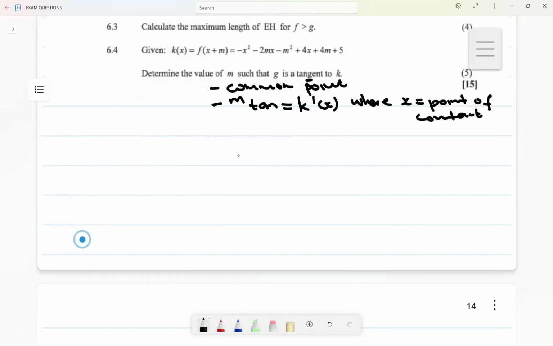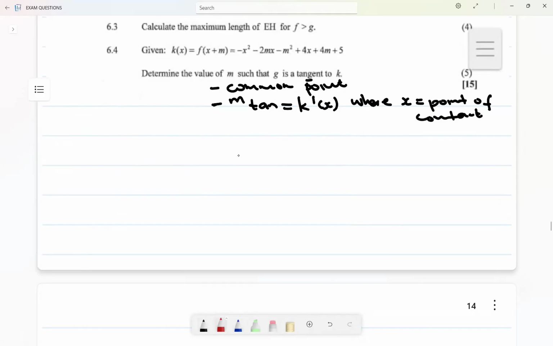So let me try to answer the question. It says determine the value of m such that g is a tangent to k. Remember, if it is a tangent, the gradient of the tangent will be equal to the gradient of my function. I do not know the specific x coordinate where they meet.